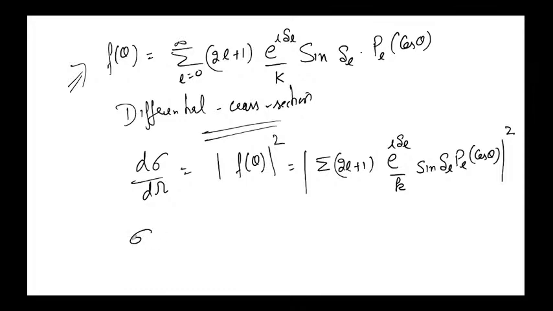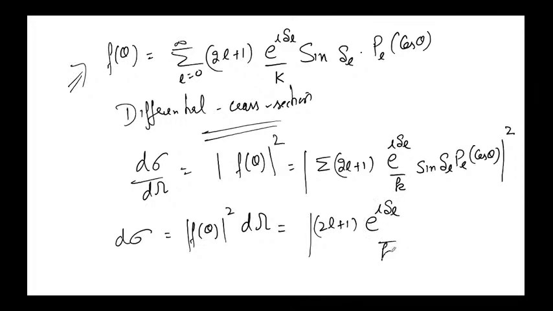So d sigma, that is f theta squared into d omega, becomes the summation of 2l plus 1, exponential of i sigma_l over k, sine sigma_l, P_l cos theta, squared, into d omega, where d omega is the solid angle.